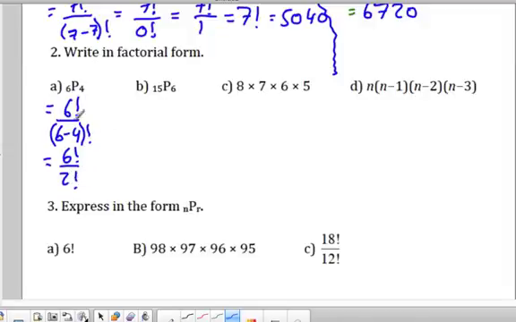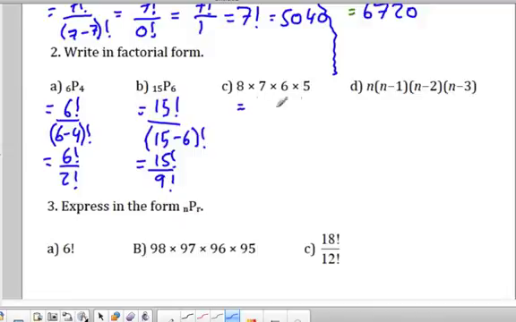If it's in factorial form, everything will be expressed as a factorial. This one will be 15 factorial all over 15 minus 6 factorial, which is 15 factorial over 9 factorial.